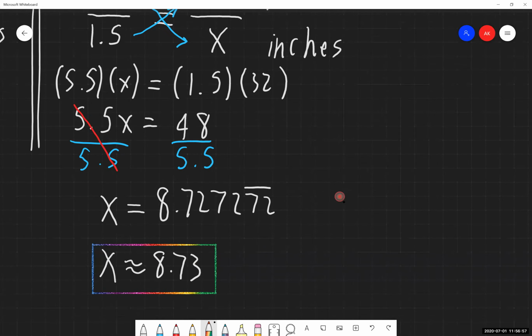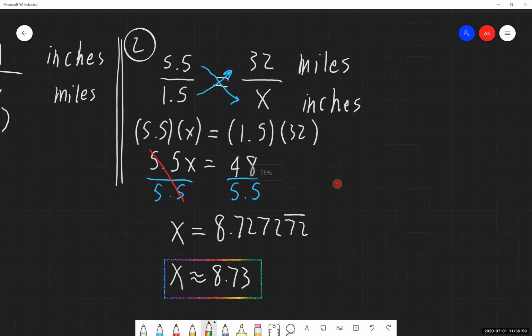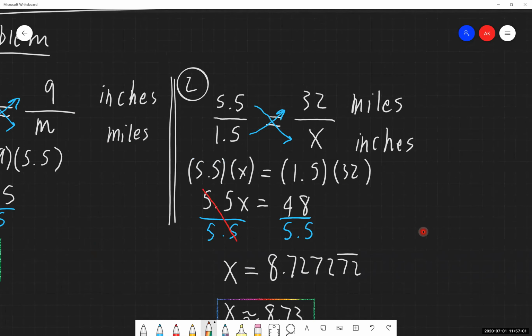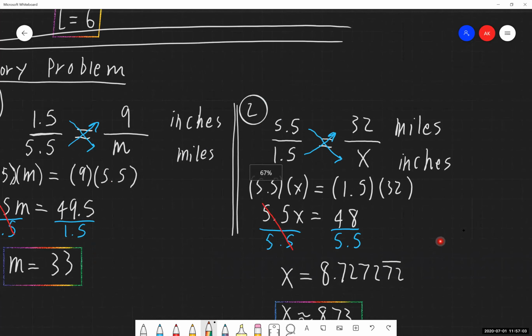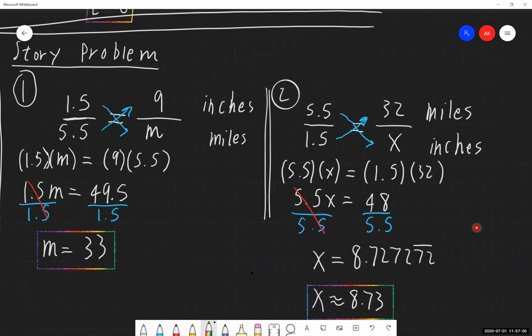And I've already gotten a couple of emails from some people saying that they went through a problem and they got an answer, but the WAMAP said it was wrong, and as it turns out, WAMAP didn't specify to write the answer as a fraction or as a decimal.